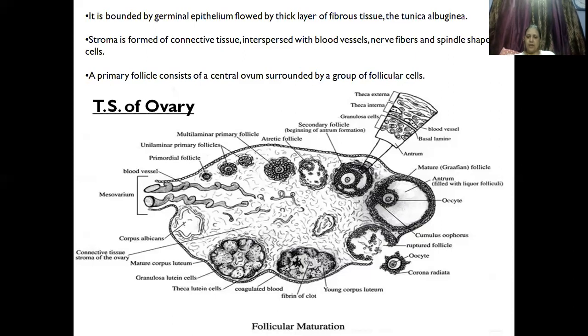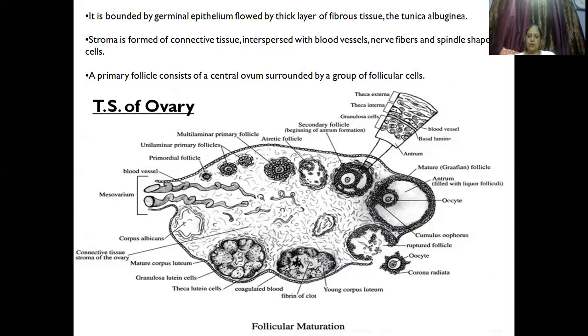Now basically, how is this process taking place? This process is the same as that of spermatogenesis, which is how the sperm is formed. In the same way, the formation of the egg is basically from the primordial follicle, and then it continues to form the egg.